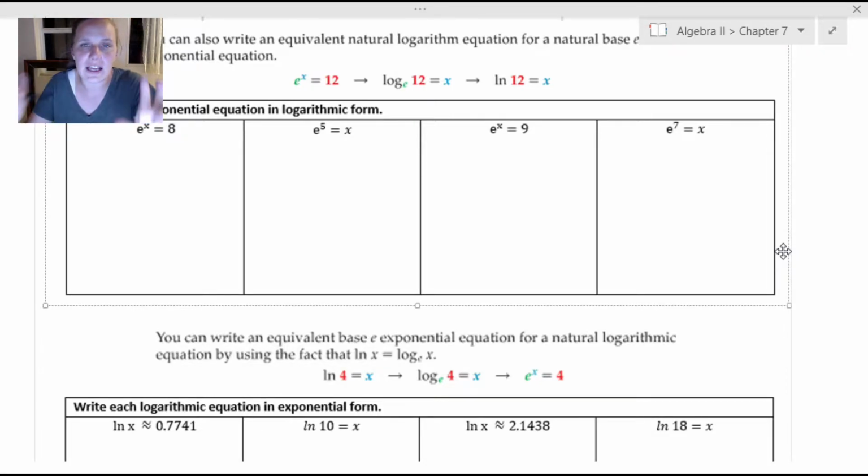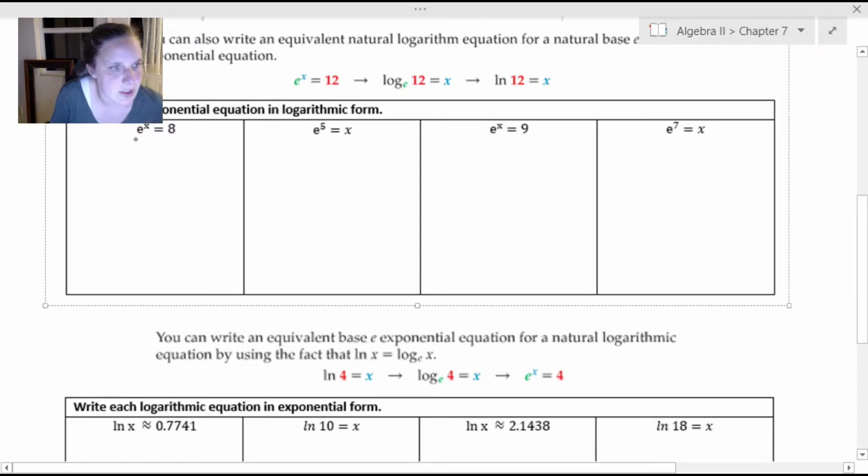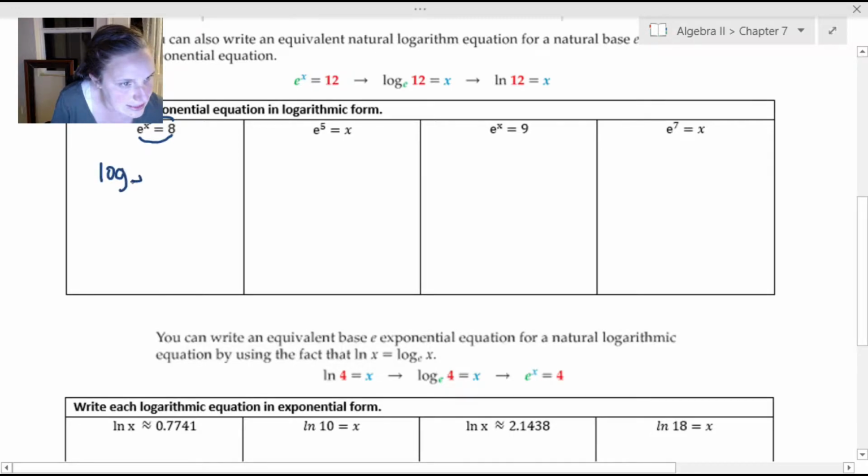There's a little bit of different notation, but it's not that bad. If we were just going to do this like anything else, it would be log base e, with the swoop-de-doop method: log base e of 8 is equal to x.